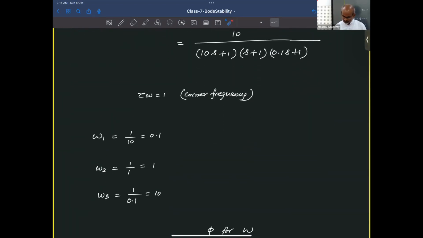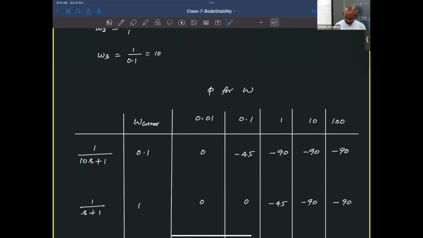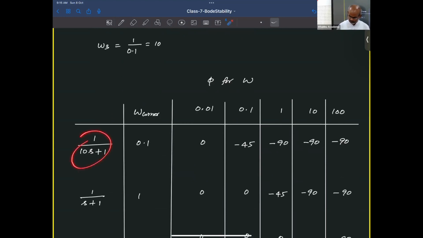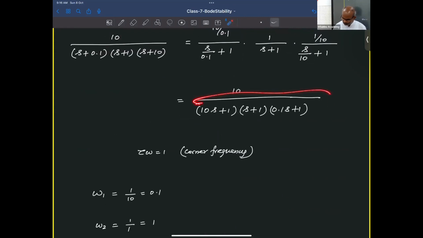So the thing is to arrange them in increasing order of corner frequency. Okay, that is done. For this 1 by (10s plus 1), the corner frequency is 1 by tau. Tau is 10, so 1 by tau is 0.1. Like that for the other ones. So now we have the corner frequencies of these first order systems in series.